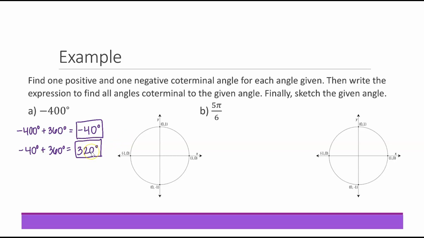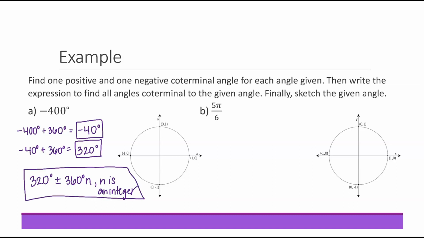So we want the least positive. So we're going to put 320 degrees and then plus or minus 360 degrees times n. And then we want to say where n is an integer. So this is the expression that finds all angles coterminal to the given angle.